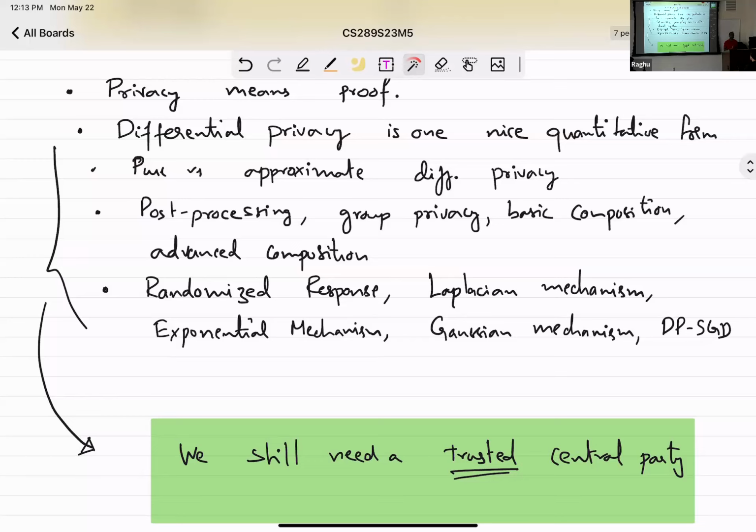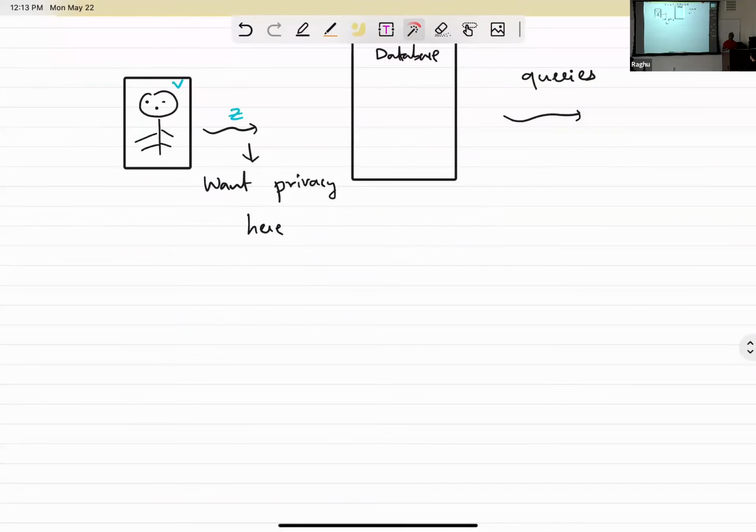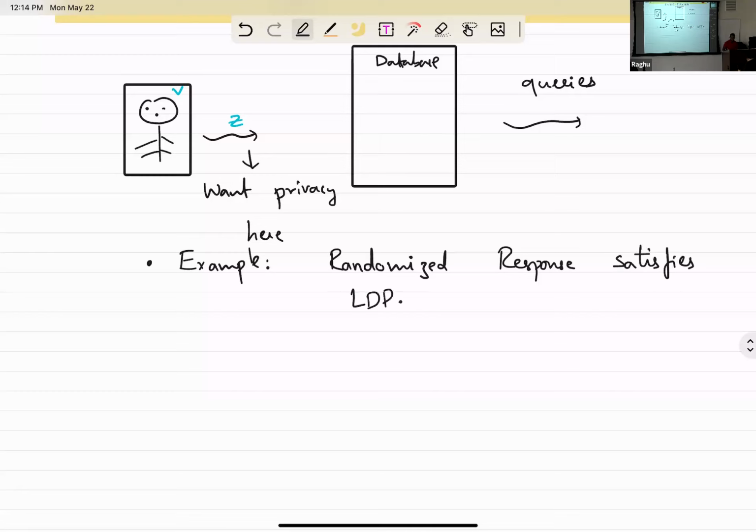And assuming the noise is good enough, it would satisfy local differential privacy. So as an example, randomized response satisfies local differential privacy.